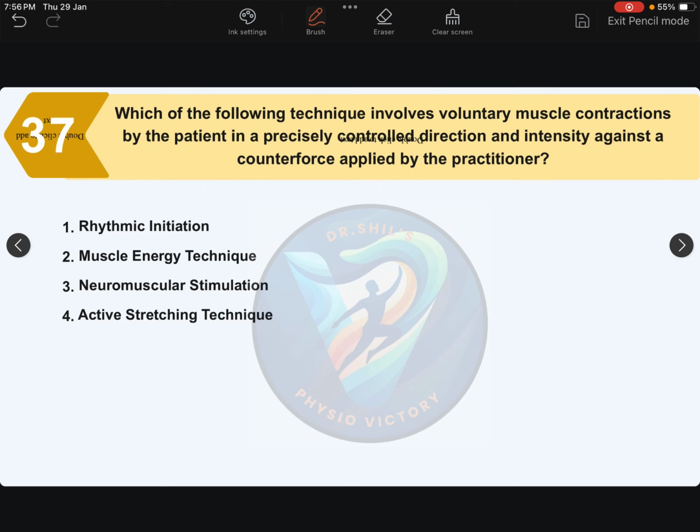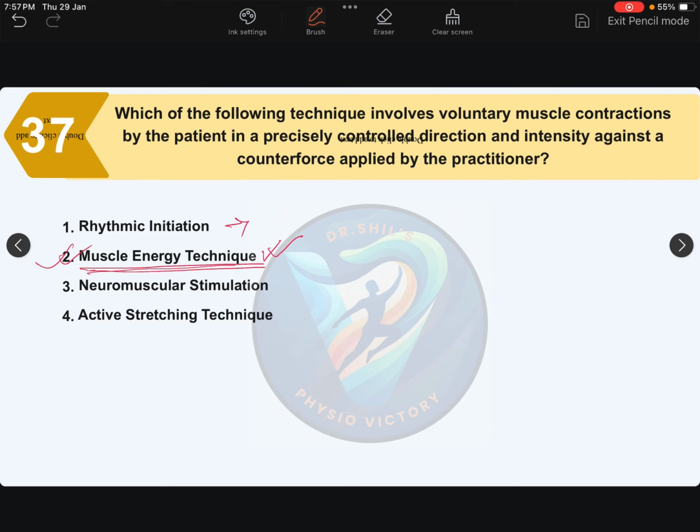Option 4, active stretching technique. Here the correct answer is muscle energy technique. Option 2 is the correct answer. Muscle energy technique uses the patient's voluntary contraction against therapist controlled resistance, used basically to improve joint mobility, reduce muscle tightness, and correct biomechanical dysfunction.